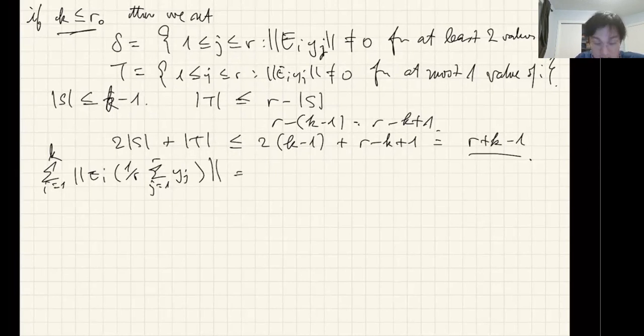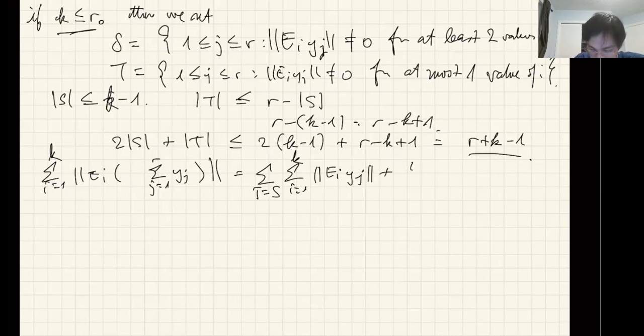We can split this up into the j's that are in S and the j's that are out of S, rearranging the sum here. Let's take out the 1 over r.